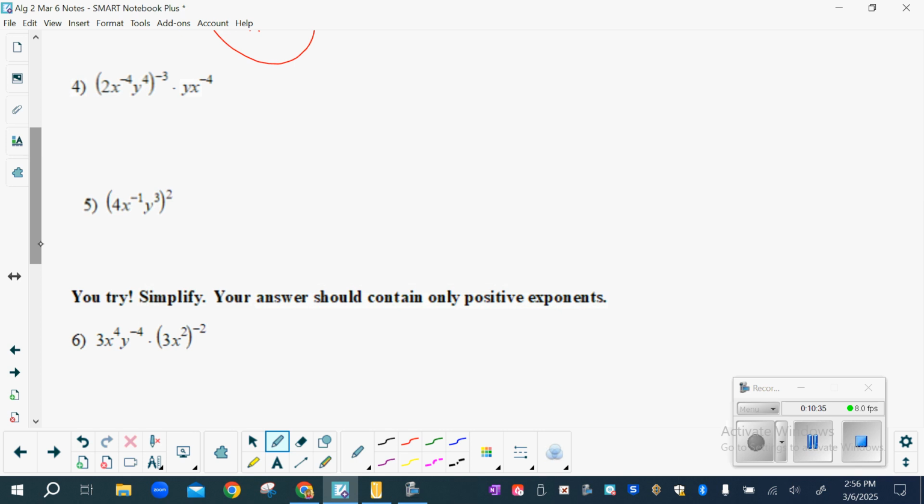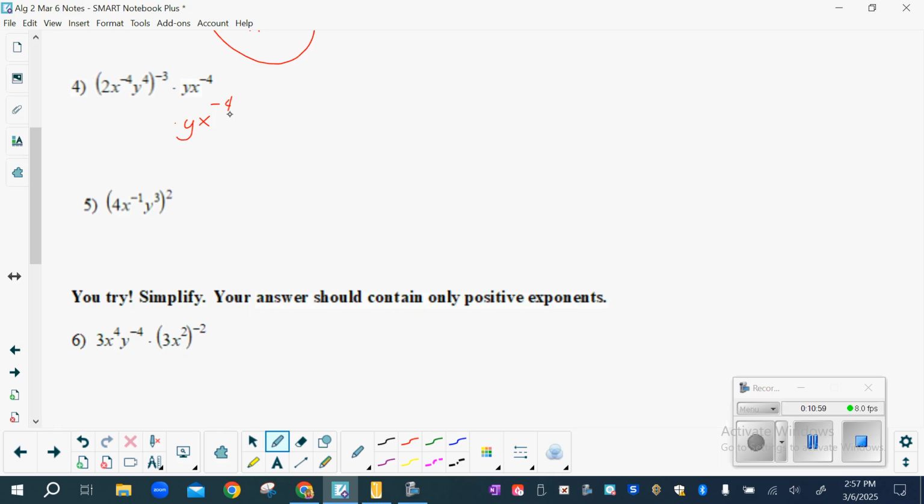So number 4, we have an exponent to an exponent. So this group here, tell me what we do when we have an exponent to an exponent. Say in words how this part simplifies. Because we got to simplify that first, right? Because it's got an exponent.